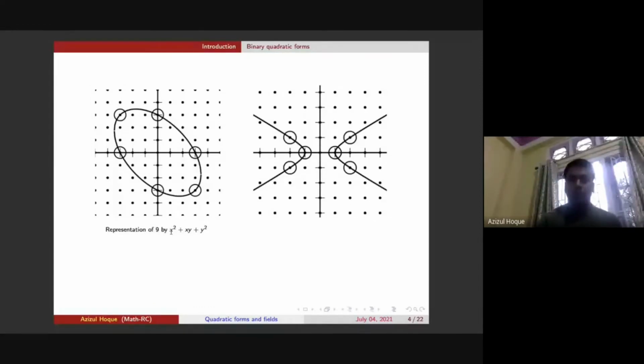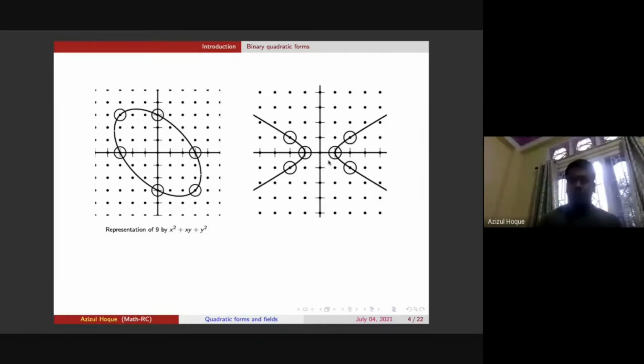If you put x equal to 3, you get 3 square, 9, and this will be 0, this will be 0. So basically this represents 9. Similarly for each point. So how many representations are there? 1 2 3 4 5 6. So there are 6 representations of 9 with the help of this binary quadratic form.